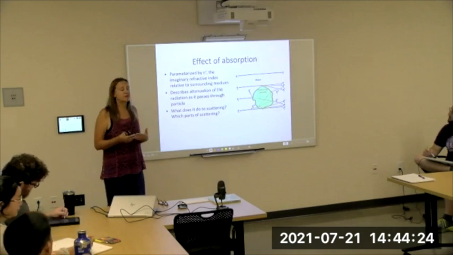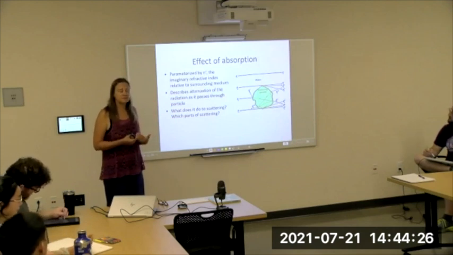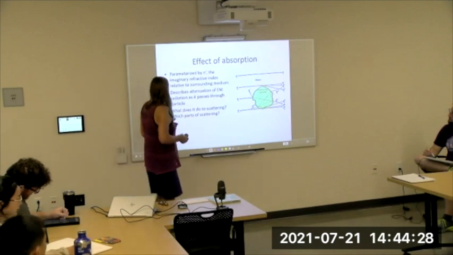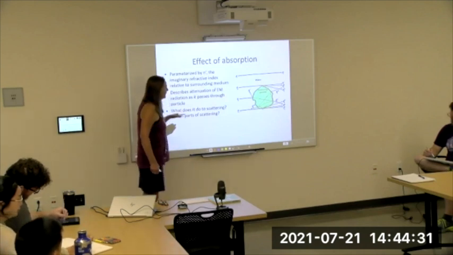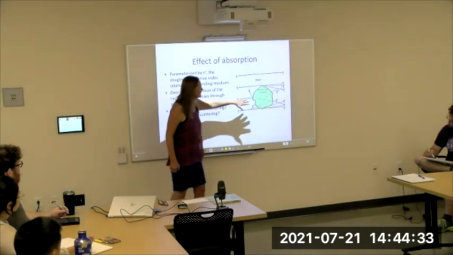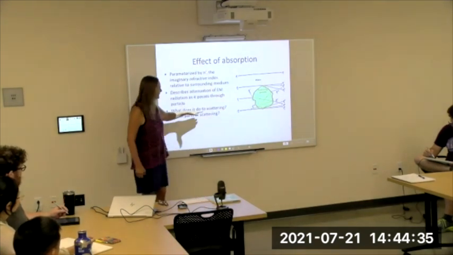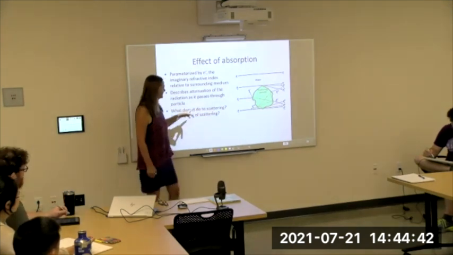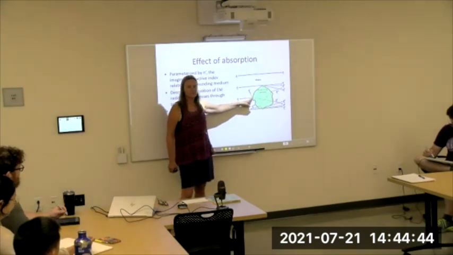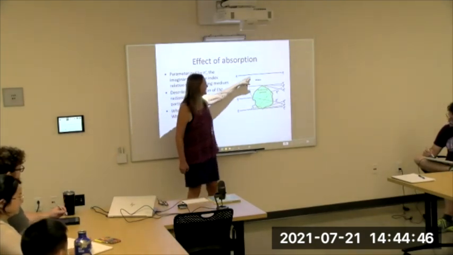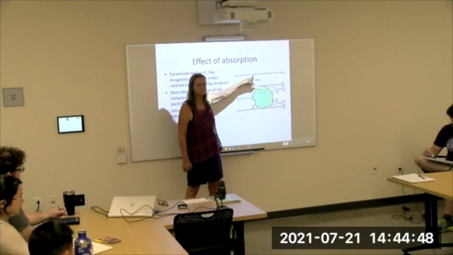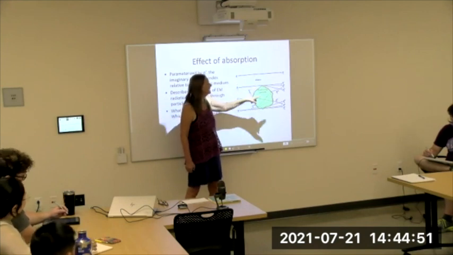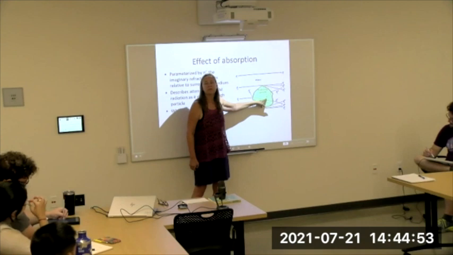There's no opportunity for scattering because it's already absorbed, right? So in the case where you have some absorption, how is it going to impact scattering? Which part of the scattering is it going to impact? Is it going to impact the reflection? No. Is it going to impact the diffraction? No. It's going to impact the refraction part of scattering.